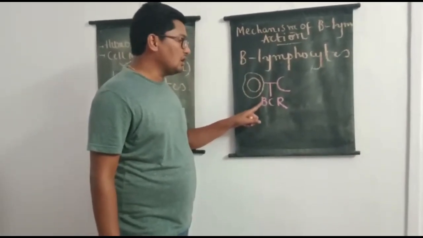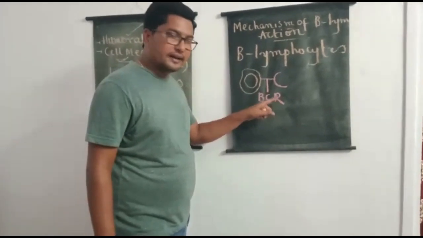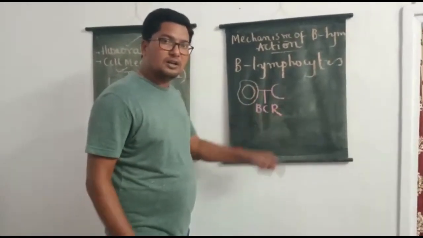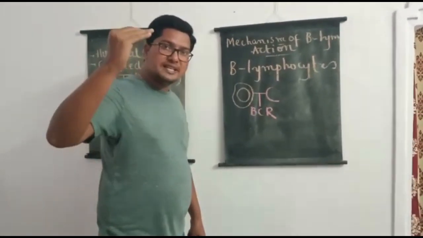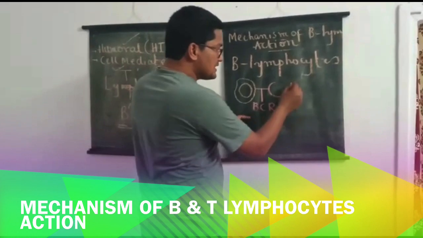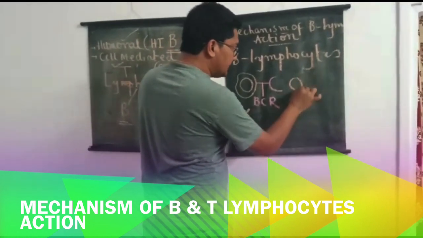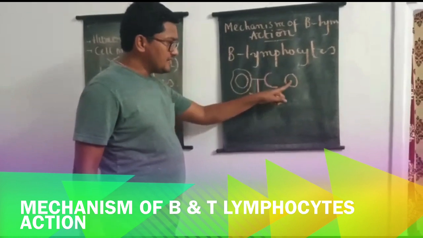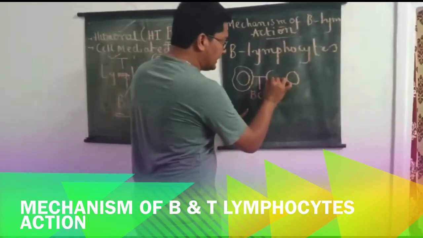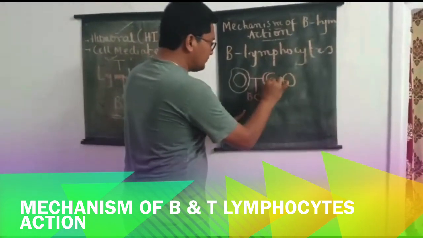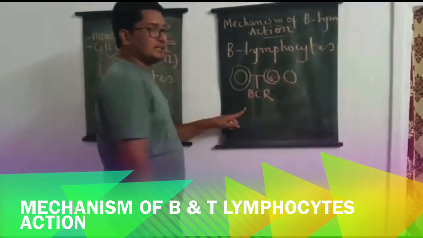That's why it is called B cell receptor. It acts as a receptor for what? It acts as a receptor for the foreign disease-causing antigen. So whenever a foreign disease-causing antigen enters our blood circulation, this marker recognizes the antigen, and the antigen moves towards the marker, and the antigen finally binds with the surface marker.